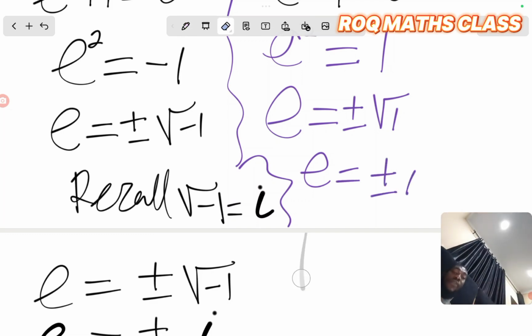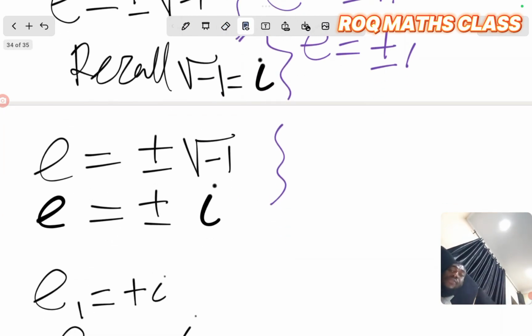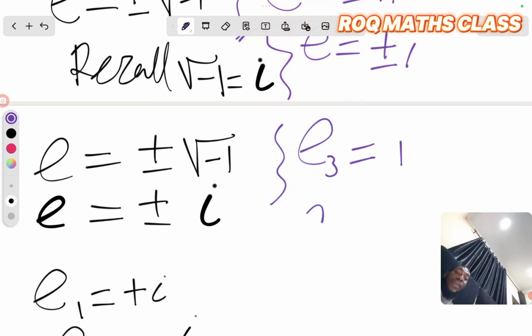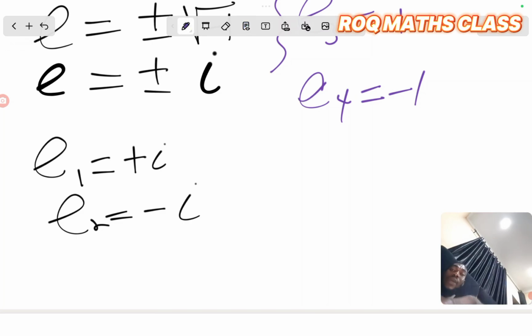So that's the value of our e. So we are going to have how many values for our e now? 4 values. Since I already have the values e1 and e2 over here, the next one is e3 is equal to, from our case 2, 1, and e4 is the same thing as minus 1.